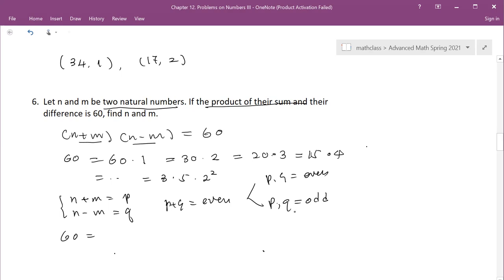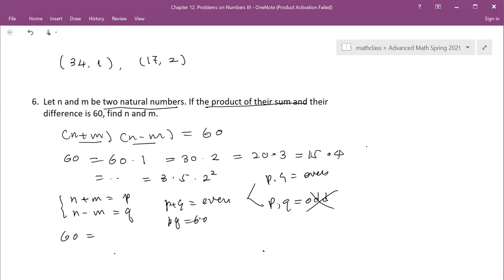I think it's impossible. If p and q are both odd, then all the factors must be odd. But p times q should be 60.